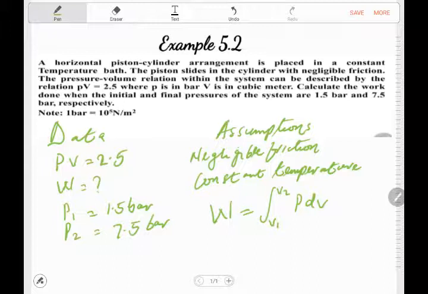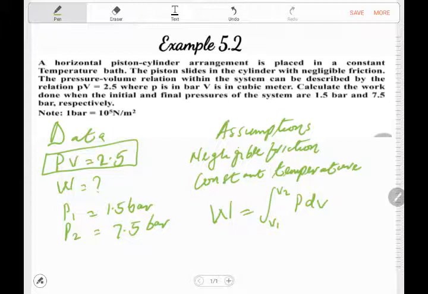Obviously, if you don't know V1 and V2, you cannot solve this problem. If you want to calculate work, you must know V1 and V2. But fortunately for us, we are given a relation that we can use to find V1 and V2.